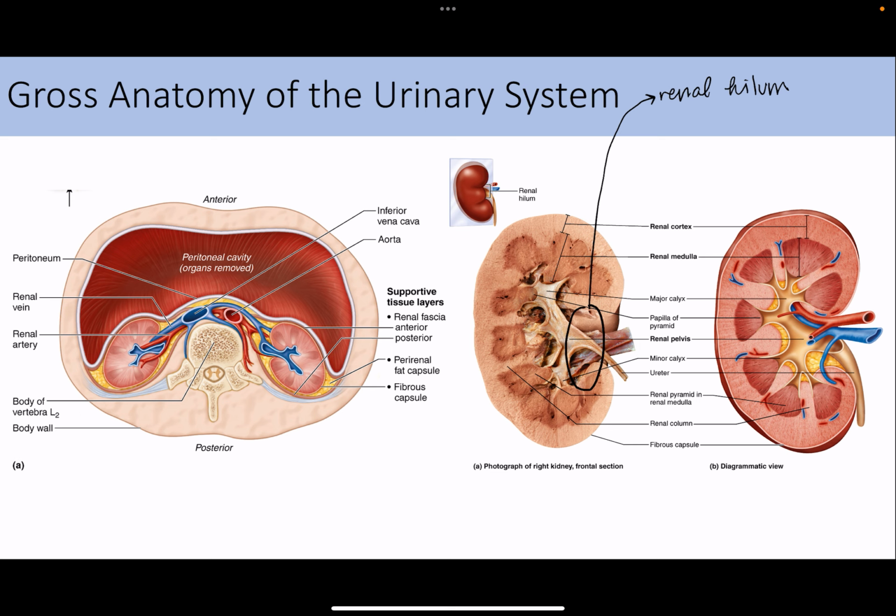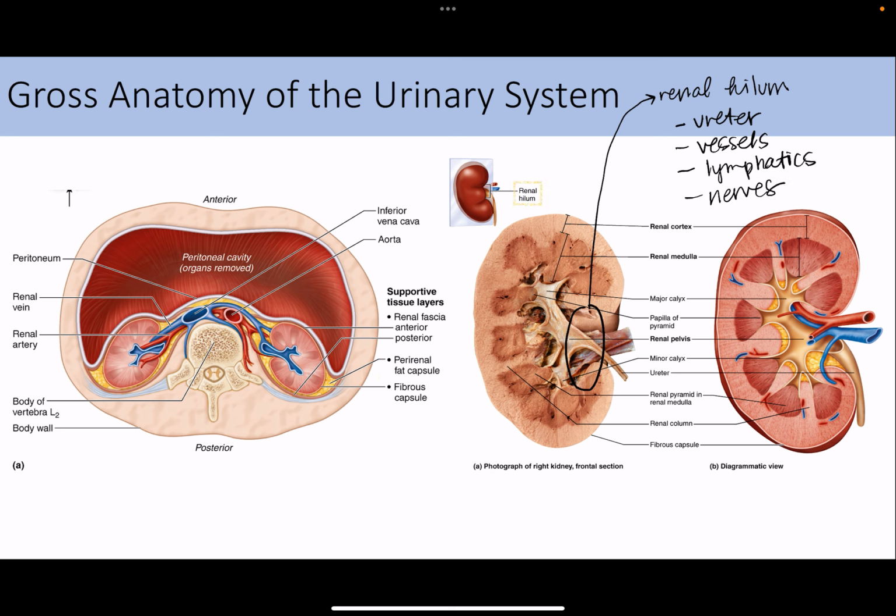It's the same thing. It's a passageway for tubes and nerves and vessels. Okay. So it's a vertical cleft on the medial side of the kidney, and it's going to allow entry for the ureter, vessels, lymphatics, and nerves.